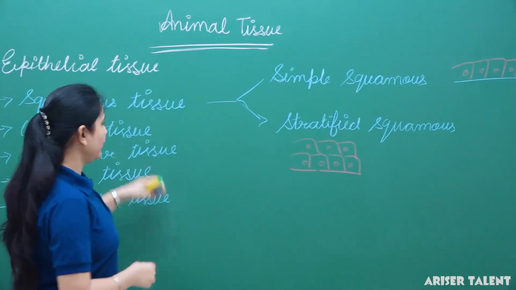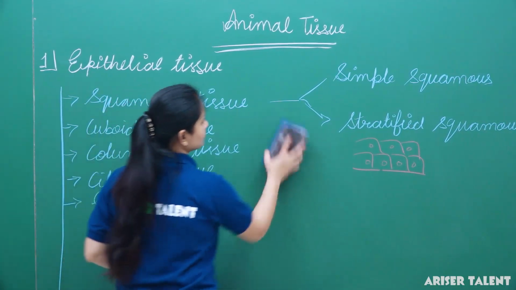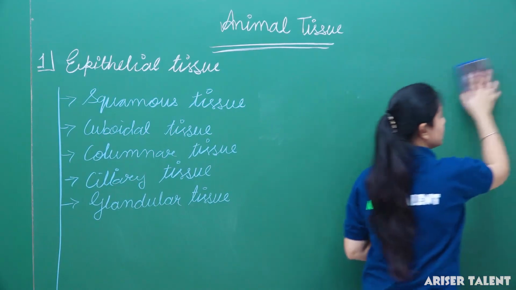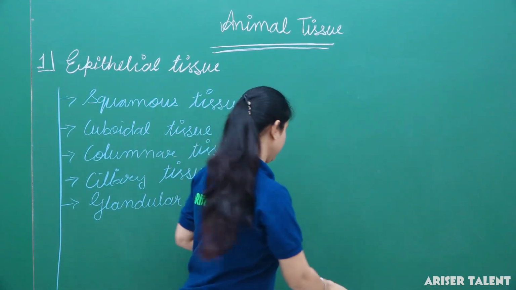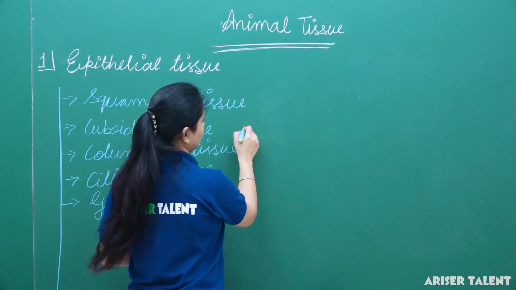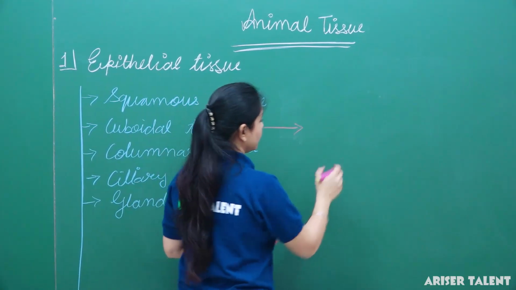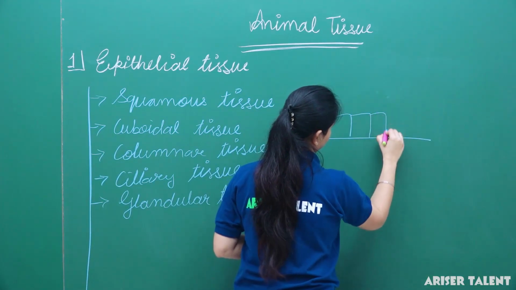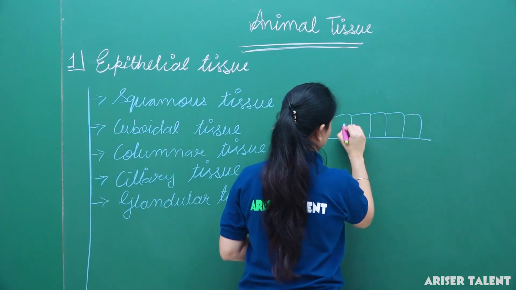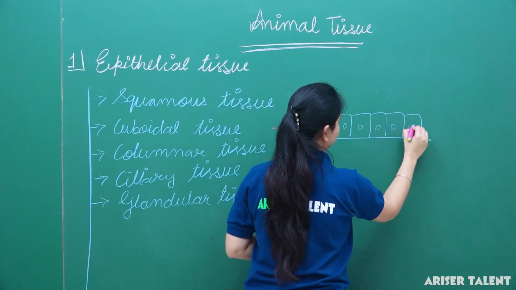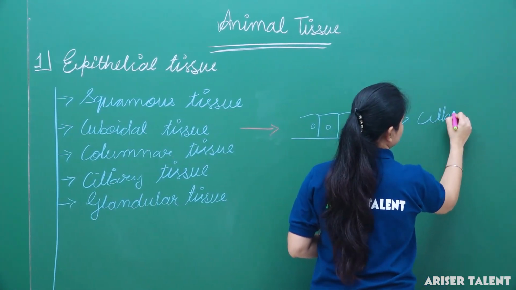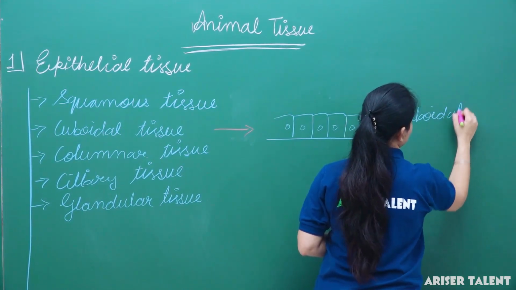Next is cuboidal tissue. In the cuboidal tissues, cells are of cuboid type. These are cuboidal tissue.